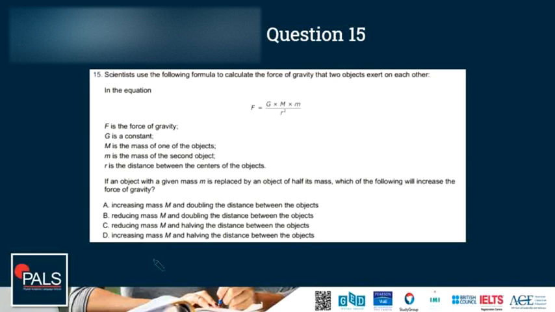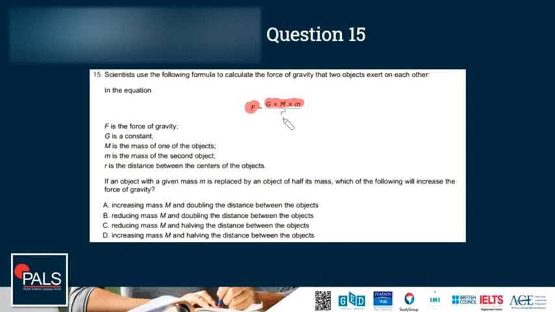Okay, so the question is what will give us a bigger F, if an object with mass M is replaced by an object of half its mass. So first of all, decreasing anything in the top bit of the equation will lead to a decrease in the force of gravity.